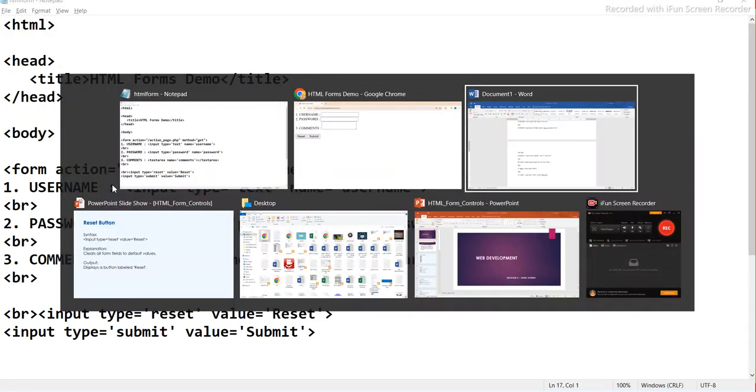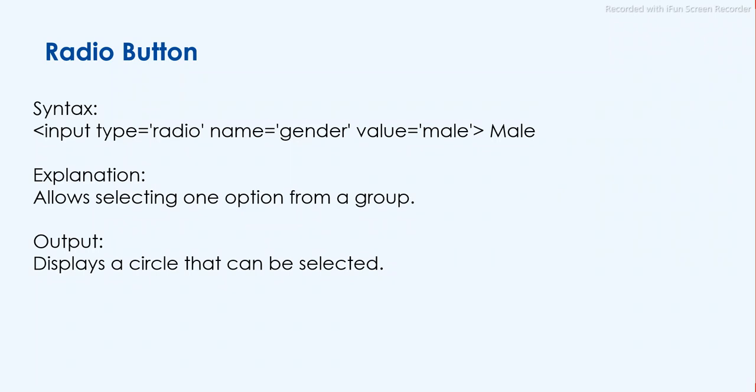The next control we have is the radio button. Okay. So in the radio button, you need to mention input type equal to radio, name equal to whatever name you want, you can give gender. Okay. Value equal to male, and there is some text that is displayed near the radio button, that is male.